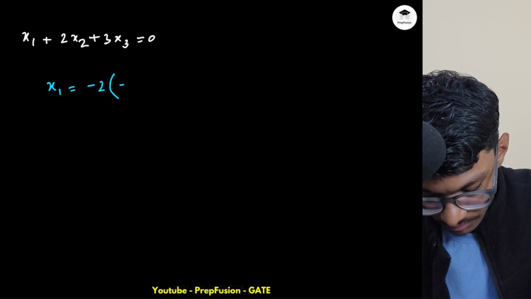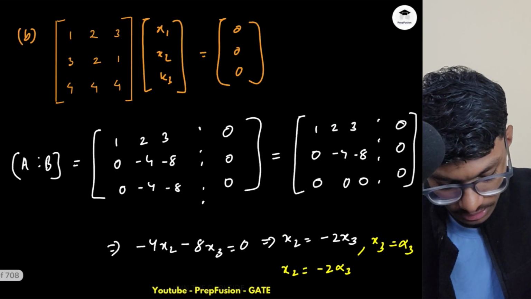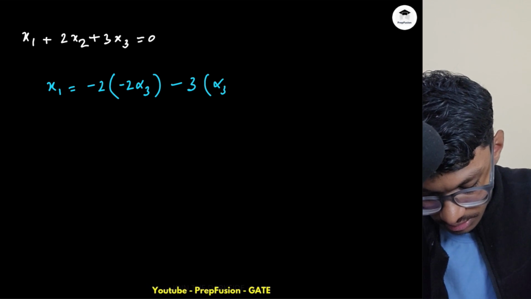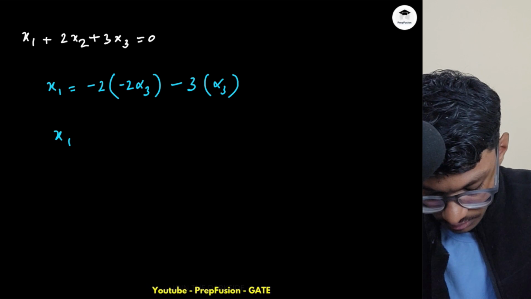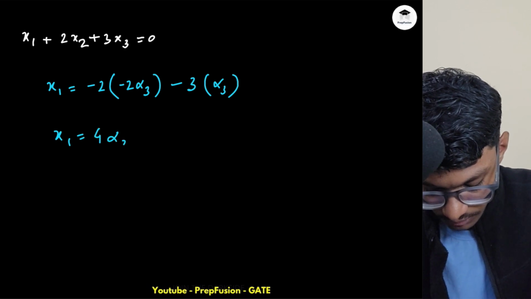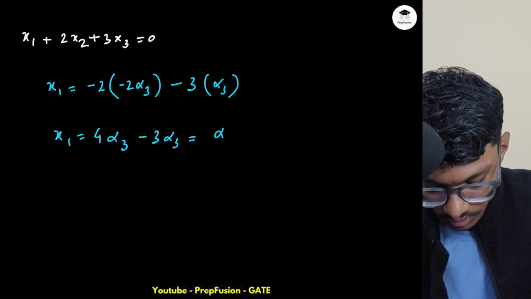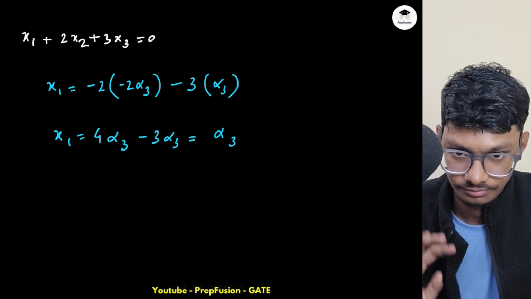So this I can write minus 2 alpha 3 minus 3 x3, that is alpha 3 basically. So x1 equals to 4 alpha 3 minus 3 alpha 3. So x1 equals to alpha 3 itself, right? x1 equals to alpha 3 itself.